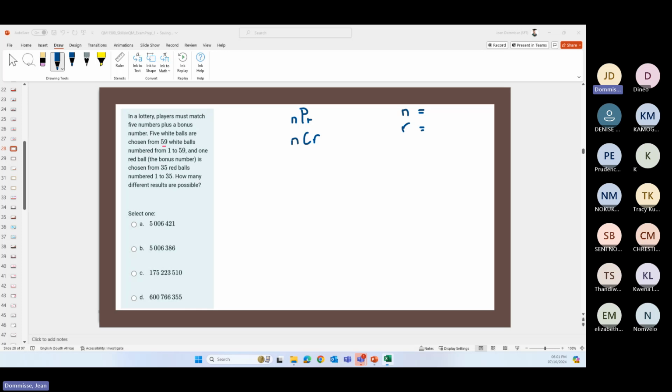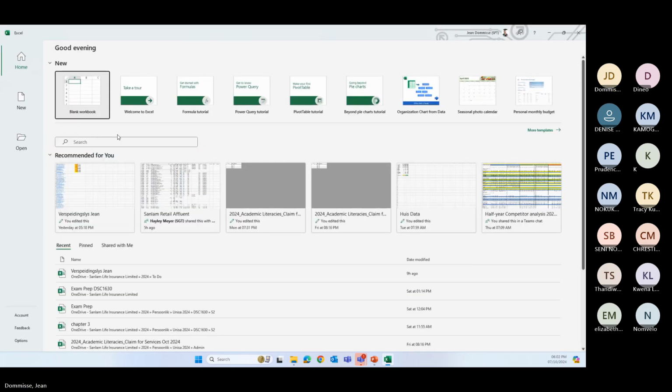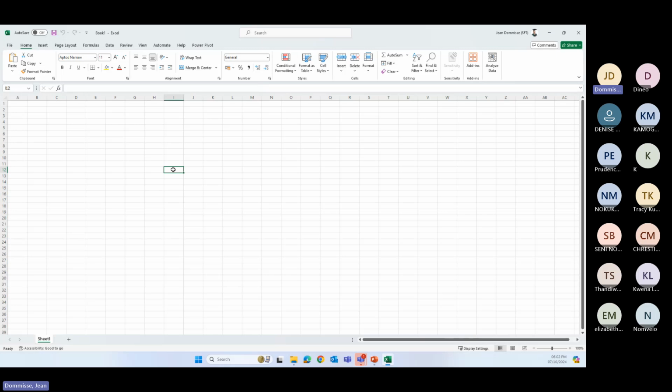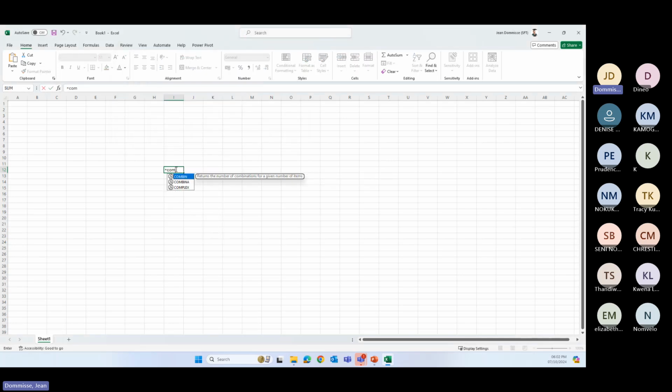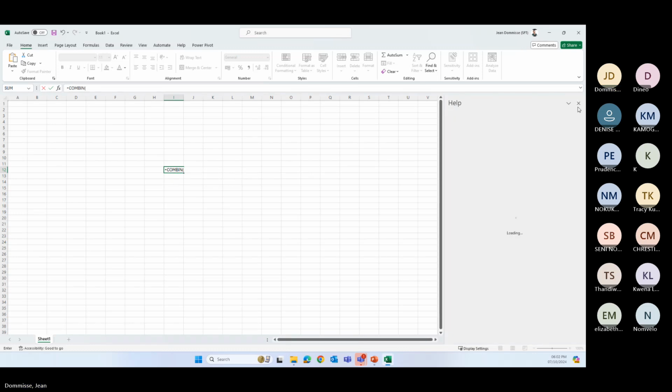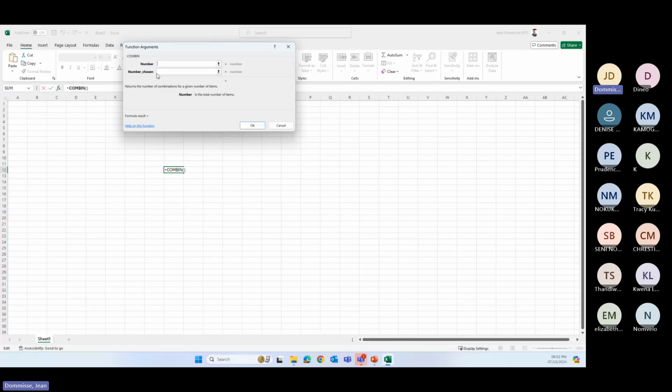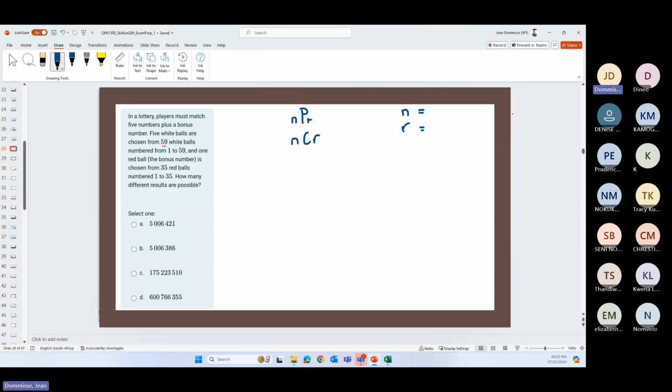So I just want to quickly show you. There's a permutation, and you can see what they ask for. Permutation is just the N and the R. And there is also a combination one where, again, they ask you for the number and the R. So you can use your financial calculator, and you're allowed to use Excel.